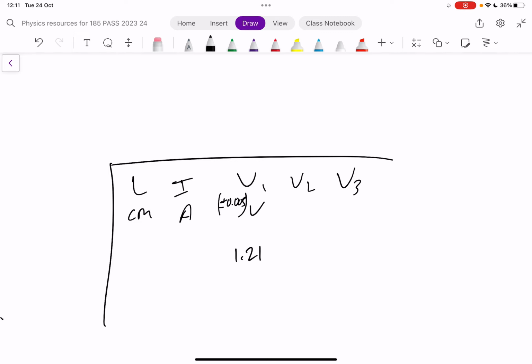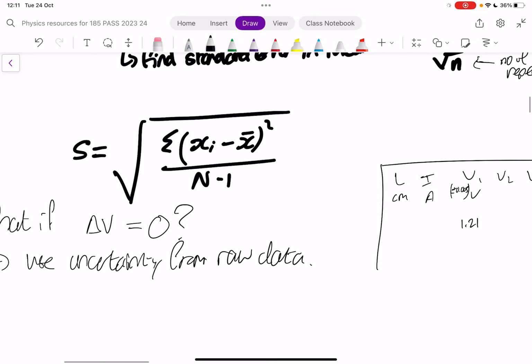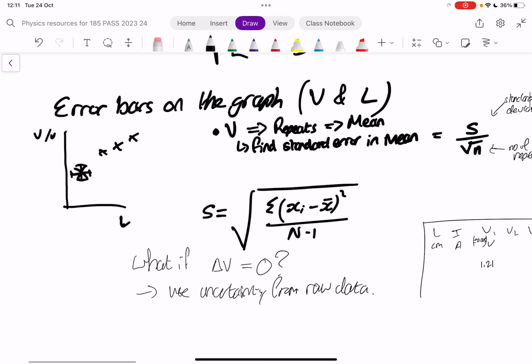So you've got to look at your data and decide what your uncertainty would be. If the standard error gives you an uncertainty of 0, then you can just use the raw data uncertainty instead. But you must have an uncertainty. And remember, if that's big enough to plot on the graph, it has to be plotted as an error bar. But if it's not, you can put it in the axis.